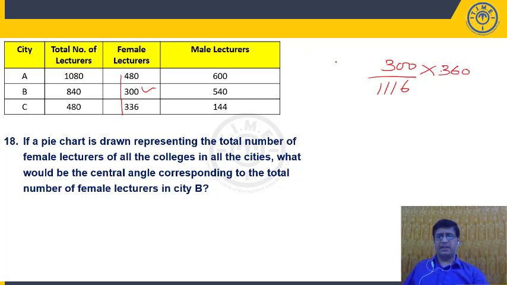Now 36 into 30 is equal to 1080. 3 times of 36 is equal to 1080, and one more time means it is 36. So approximately it goes how many times?